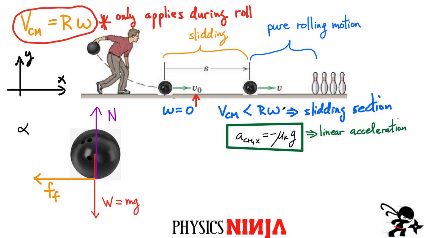Now, this is related, again, to Newton's second law, but we're going to apply it to the rotational part of the problem, which says you basically have to add up all the torque acting on the system, and that has to be equal to, again, it's not mass times acceleration in this part, it's the moment of inertia, and we're going to look at the rotation about the center. So it's the moment of inertia through the center of mass of this ball multiplied by the angular acceleration, right? This here is Newton's second law applied to rotation. Let me just write this down.